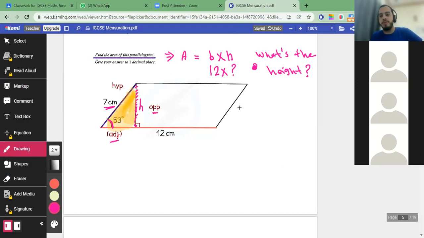Using trigonometry. Jana, how can we find h? We can use trigonometry, right? Yes, but only the basics, you know that sine equals what, and cosine and tan. Give me a minute, I remember. SOHCAHTOA, yes.